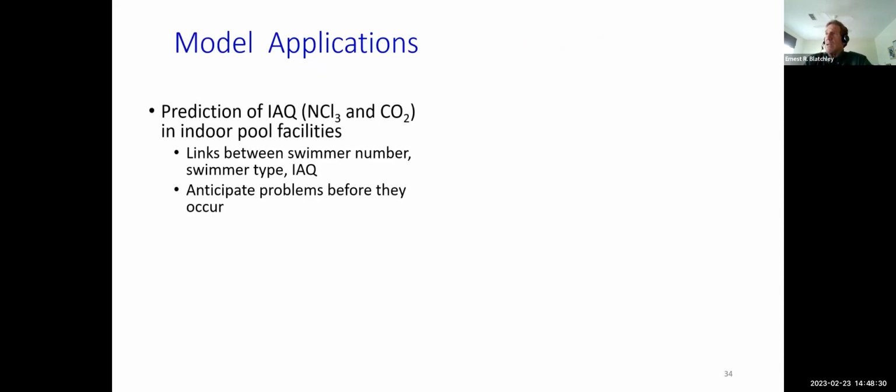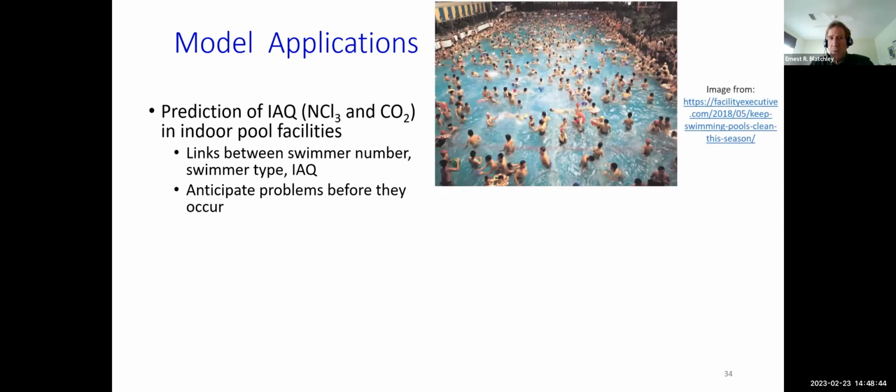So next, what we wanted to do was to apply this model to simulate indoor air quality under various conditions. The model itself provides these quantitative links between the number of swimmers, the type of swimmer, and the indoor air quality, and it allows us to anticipate problems before they occur. So this would be a problem. We would expect bad air quality in a facility that looked like this for obvious reasons.